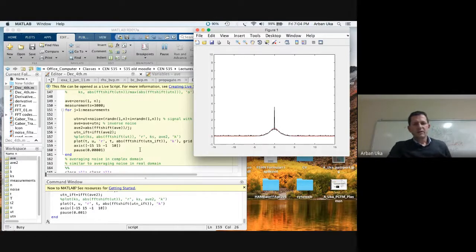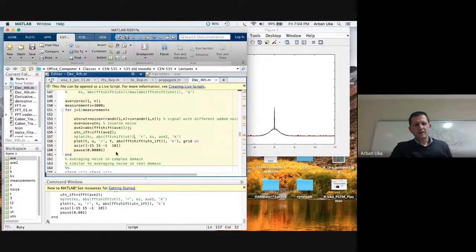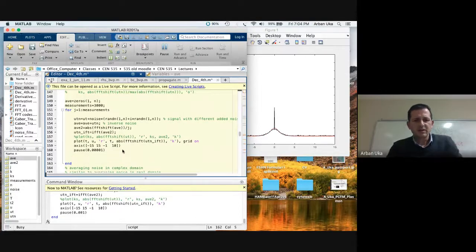So another way we could have removed the noise from this signal is the following. I can write it in here. We have the signal U. We could get the Fourier transform UT. Then we add the noise in the complex domain, and then we take the UTN, with noise, with inverse Fourier transform, which means that now we are in the real domain, and then we do everything here. So we could also follow this path to remove the noise. Signal, Fourier transform.